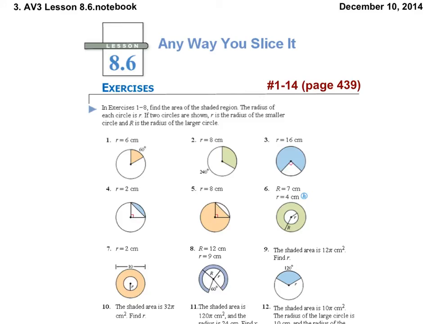To solve problems 1, 2, or 3 from Lesson 3 in the AV3 unit, we need to look at the sector formula.